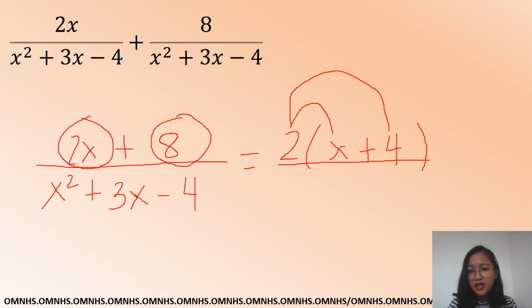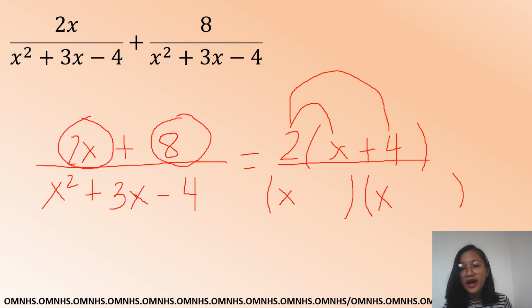Now, for the denominator, this trinomial can still be factored. For x squared, its factor is x times x. And for the negative 4, we have to look for its factors that will give us the sum of 3x.